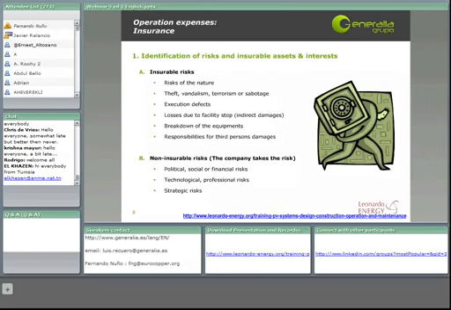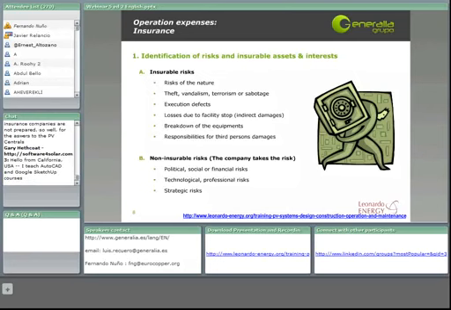Then all the risks that may be covered by the surveillance system, like theft, vandalism, terrorism, or sabotage. Here, it is important to insist that our surveillance system must be a good one in order to cover us from this, because sometimes even the insurance can ask us for information about the surveillance system that we have installed.